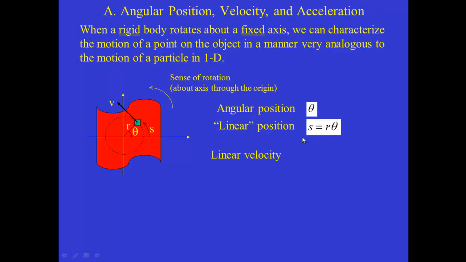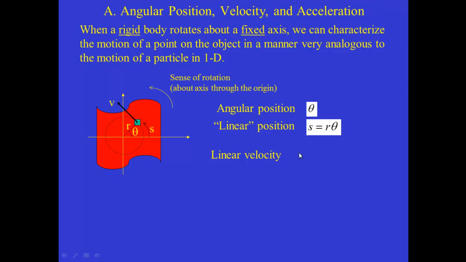And in order to determine what we call the angular velocity, as the object rotates and as this point on the object undergoes this circular path, we can take the derivative of the linear position with respect to time.